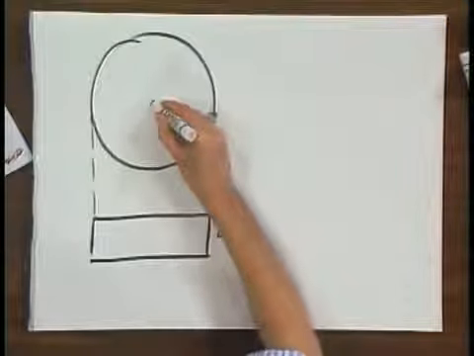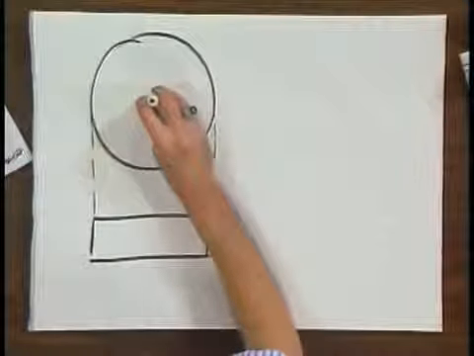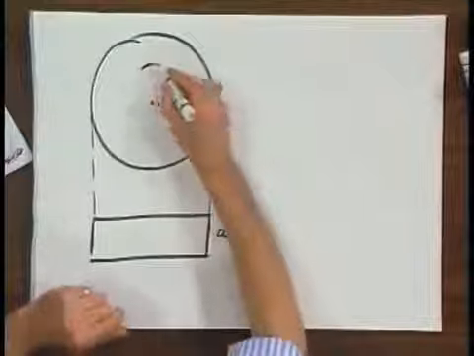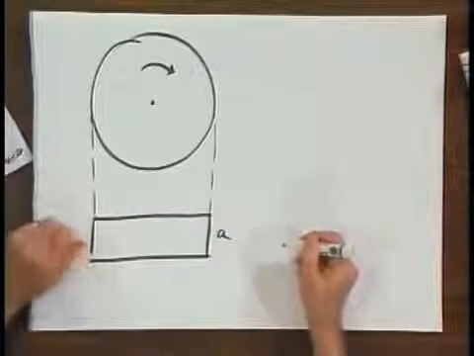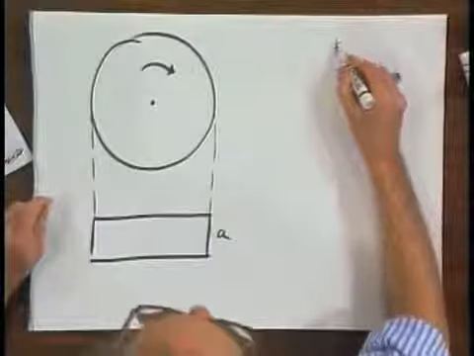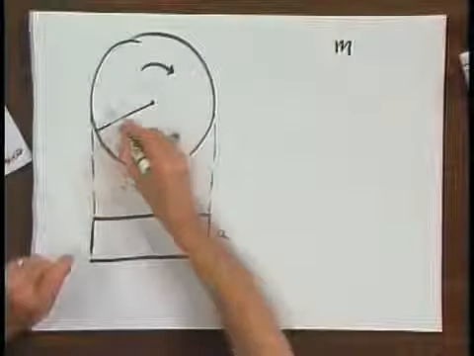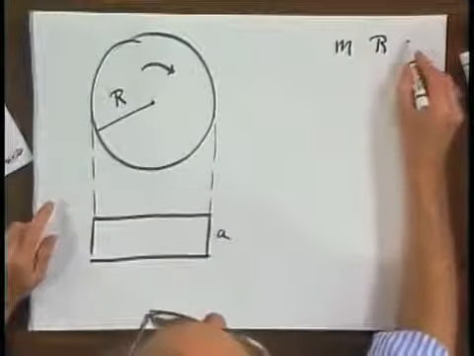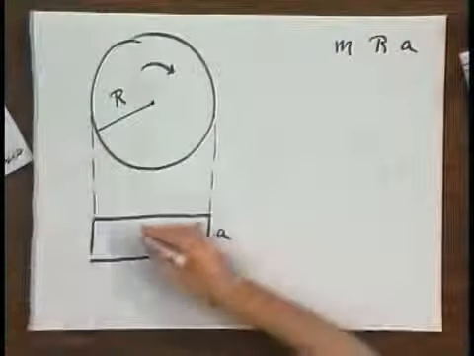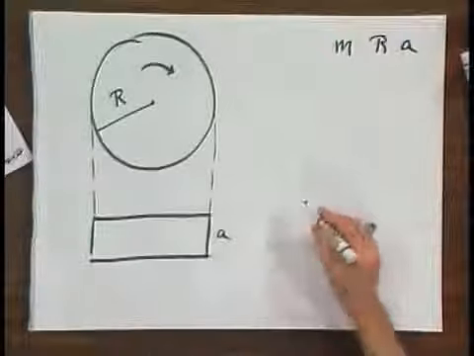It's rotating about this axis of rotation, perpendicular to the paper. It could be rotating in this direction, or it could be oscillating back and forth. And it has a total mass m, and it has a radius r, and thickness a. And the mass is uniformly distributed throughout this cylinder.